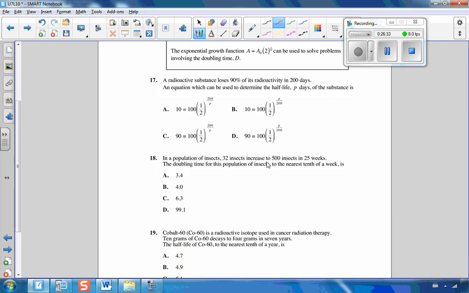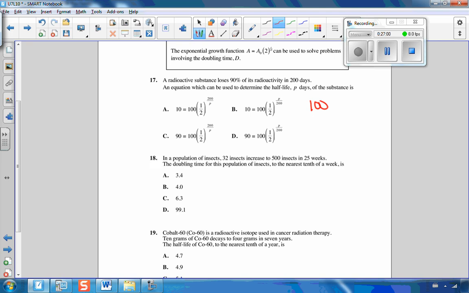So a radioactive substance loses 90% of its radioactivity in 200 days. An equation which could be used to determine the half-life. So if I'm determining the half-life, I'm solving for my period. Okay, so it's the amount of time it takes for the amount to go down in half. So if I'm losing 90%, that really means that I'm keeping 10%.